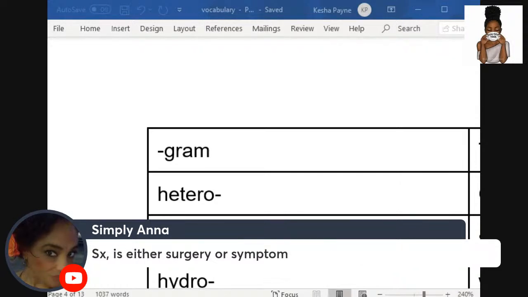SX is surgery or either something. You're right. I think you're absolutely right. Thank you. I didn't even see that. I wonder if that's where mulatto comes from. Possibly. Symptoms. You know what? Let me look that up. I think you're right. Let me just look up that really quick.